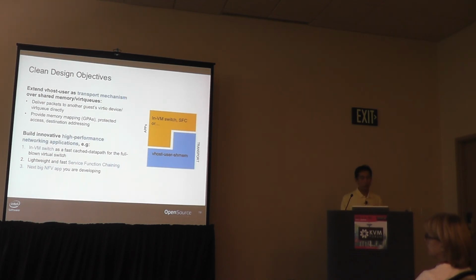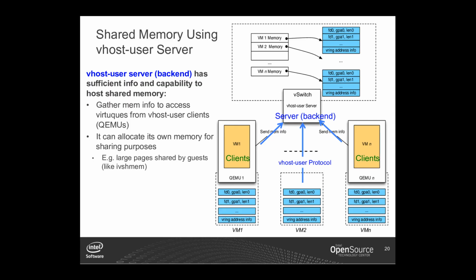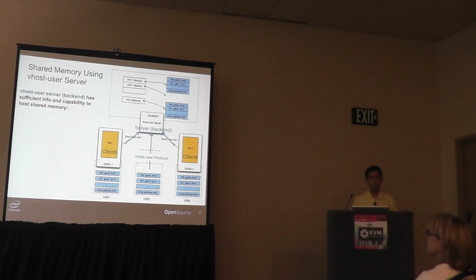Now I will talk about a bit more detail of how it works. This is what we have today. I have a more detailed picture, but topologically it's the same thing; I just rotated the picture 90 degrees.